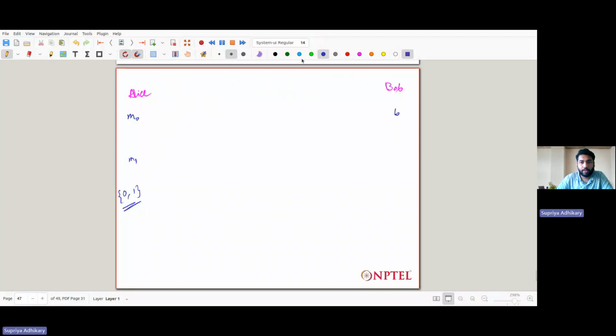We have the public parameters for RSA, which are N, e, known to Bob, and the private parameters are p, q, phi, and d. These are only known to Alice. Alice is the one that creates these parameters.